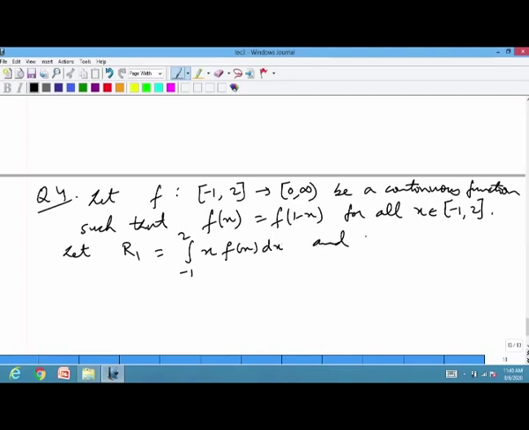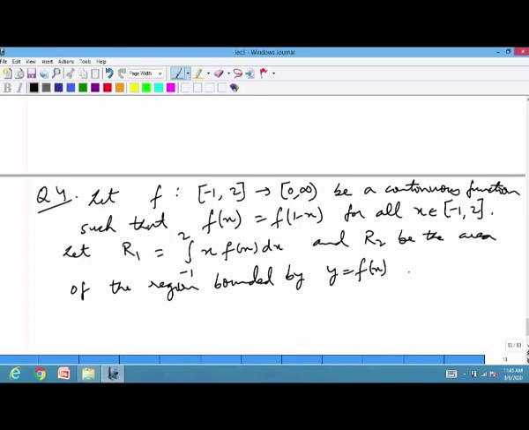and R 2 be the area of the region bounded by y equal to f x, x equal to minus 1, x equal to 2, and the x axis.